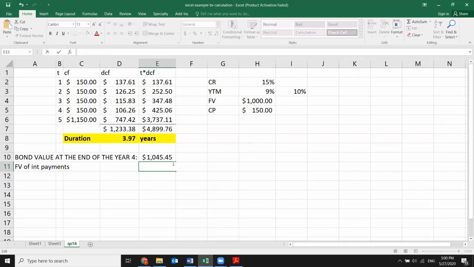Just a second. Let me do it in the formula, okay, formulation. So the rate is 10%. Number of periods is 4. For payment, we're going to have $150.